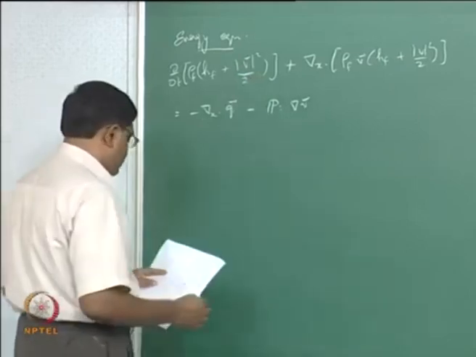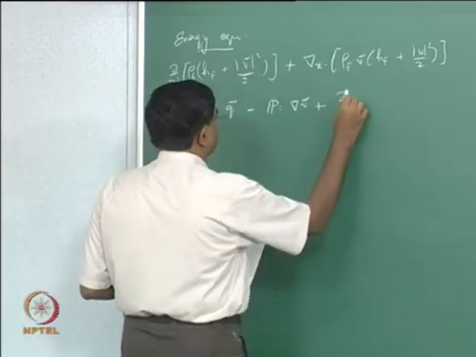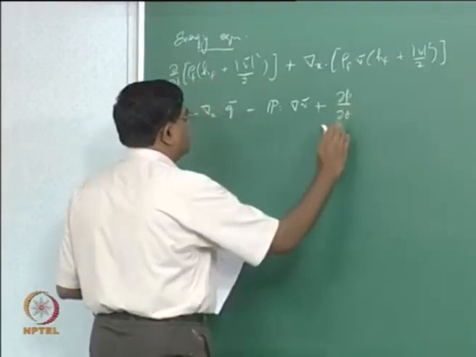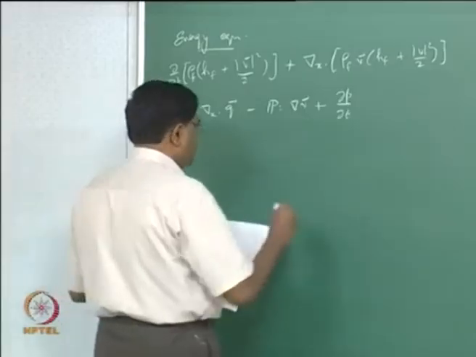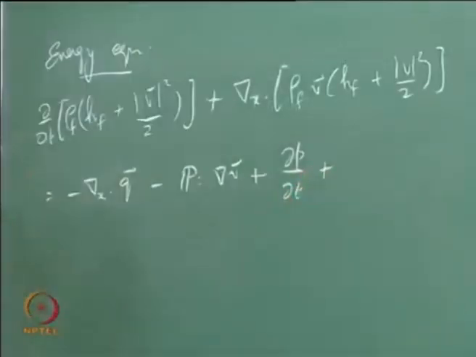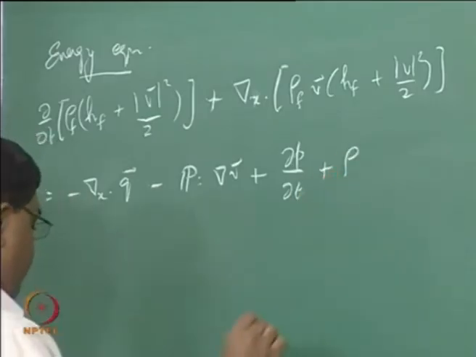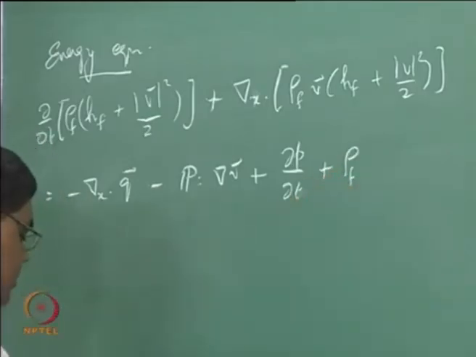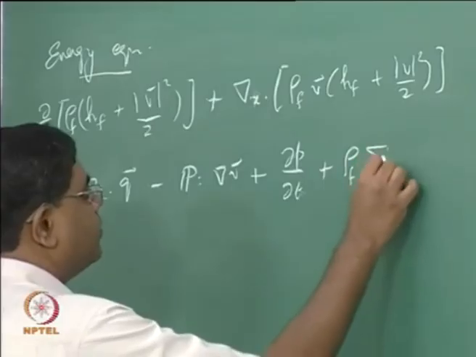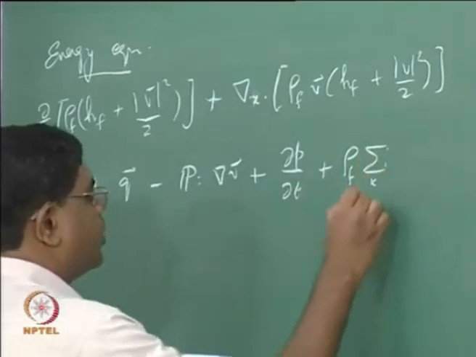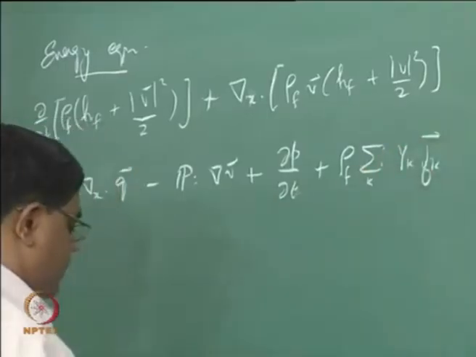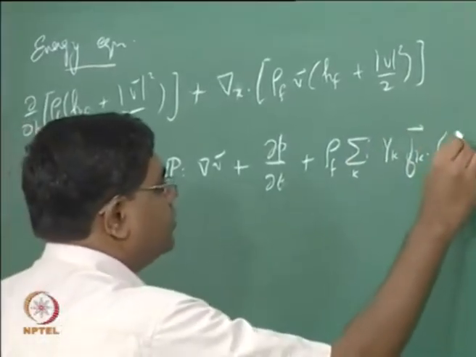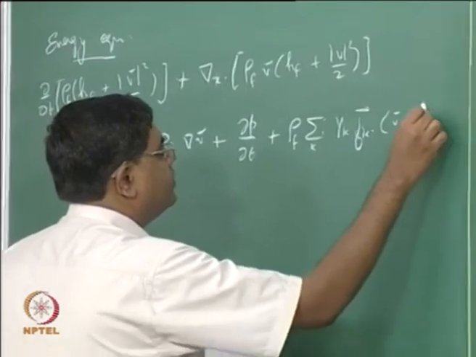Plus the partial derivative of pressure with respect to time, that's coming from the PV work, and then you have the effect of body force, sum over k of yk fk vector dot (v plus capital Vk).